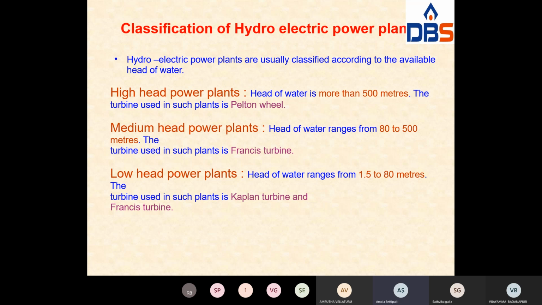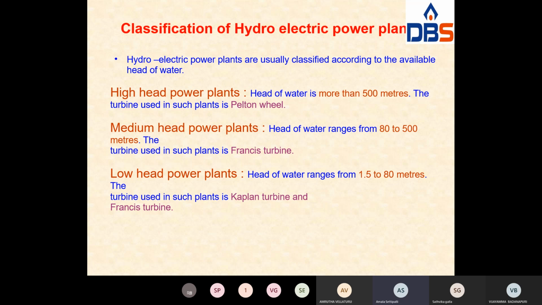This is also important, as even 2-mark questions ask for the classification of hydroelectrical power plants. They are mainly classified into three types according to the head of the water: high head, medium head, and low head power plants. When the head is above 500 meters it is a high head power plant and uses the Pelton wheel.